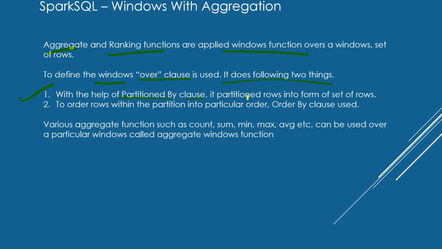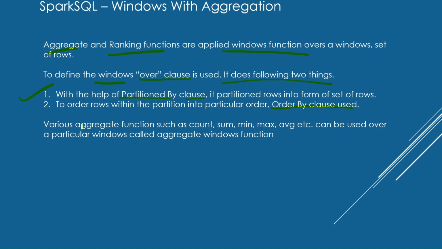Now when we have done the partition, we want the data to be organized in a particular way in a particular partition. So generally we use order by clause to arrange the data in a partition in ascending order or in descending order.